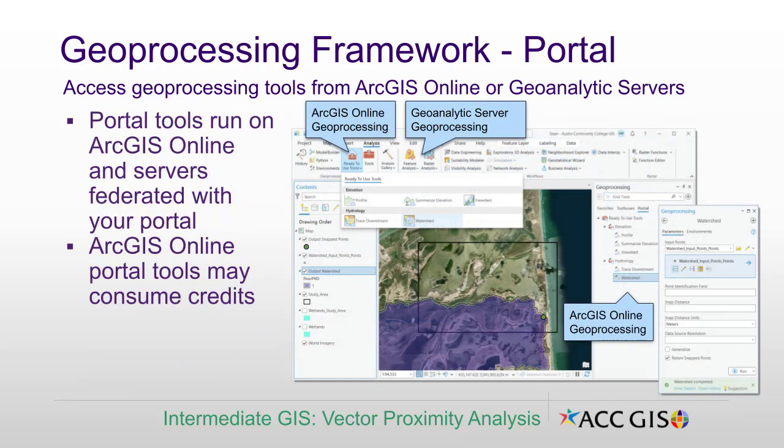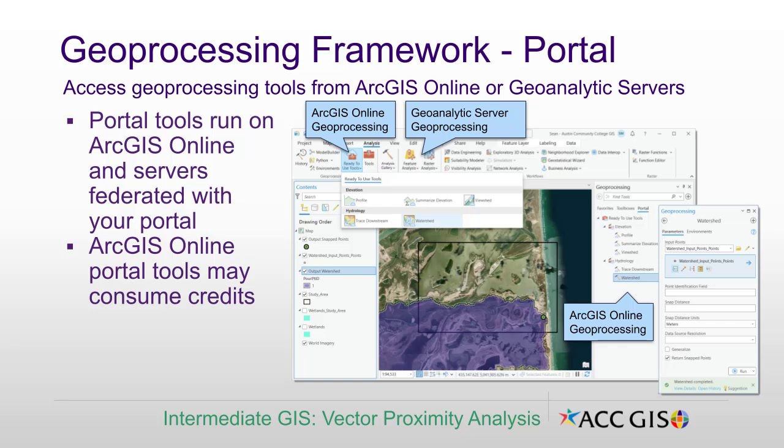You can access geoprocessing tools from ArcGIS Online or GeoAnalytics servers. Portal tools run on ArcGIS Online in the cloud, or maybe you have a custom GeoAnalytics server that's federated with your portal that you can access, for example, from ArcGIS Pro. Note that ArcGIS Online portal tools may consume credits.